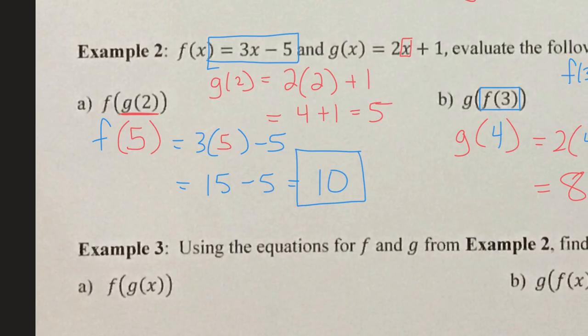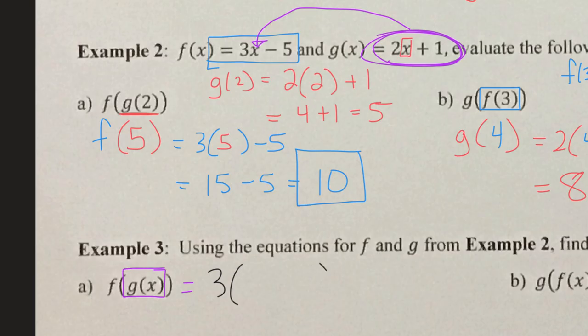Okay, using equations from example 2, let's do this. So this one says take the g equation, take 2x plus 1, and plug that equation into f. Okay, so f says do 3 times something minus 5, right? That's what our f function says to do. Whatever you give me, I'm going to multiply it by 3 and then subtract 5 from it.